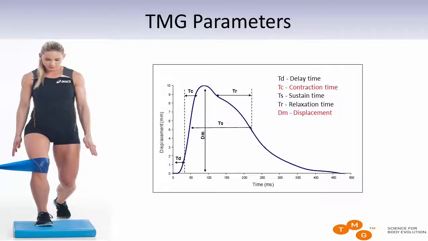The next two parameters that I will describe are sustained time and half relaxation time. These two parameters monitor the second part of the cycle, the relaxation phase. So far these two parameters haven't proved to be as important as the contraction time, for example. There are probably a couple of reasons, and one of them for sure is the fact that because we are using superficial electrodes, it is impossible to contain the electrical field in just the muscle that you want to monitor.